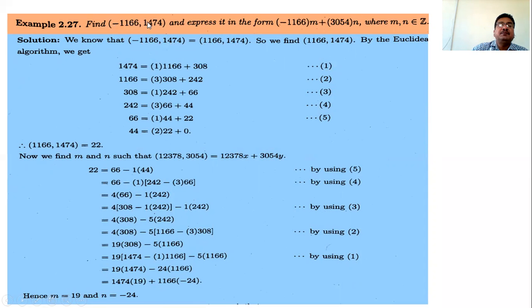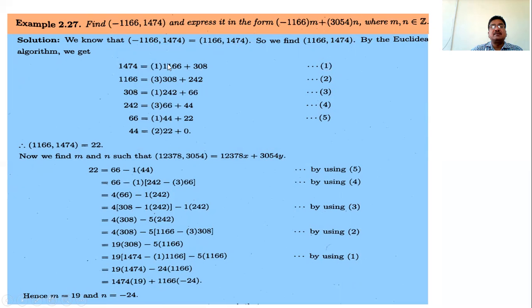If there is a negative sign at both places, that is, if the problem is minus 1166 and minus 1474, then again write the greatest common divisor of minus 1166 and minus 1474 as equal to that of 1166 and 1474. Then apply the division algorithm repeatedly, which is the procedure of the Euclidean algorithm, and find the greatest common divisor.